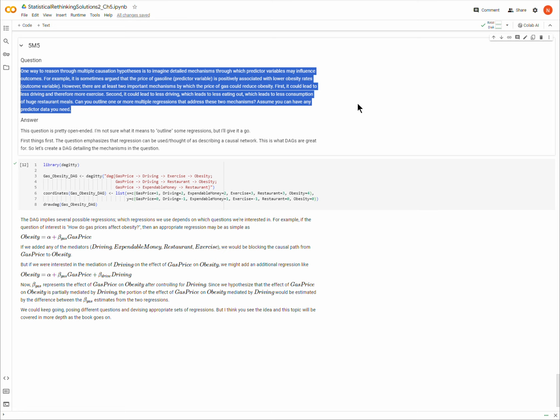However, there are at least two important mechanisms by which the price of gas could reduce obesity. First, it could lead to less driving and therefore more exercise. Second, it could lead to less driving, which leads to less eating out, which leads to less consumption of huge restaurant meals. Can you outline one or more multiple regressions that address these two mechanisms? Assume you can have any predictor data that you need.